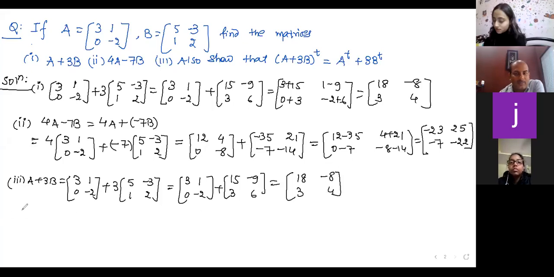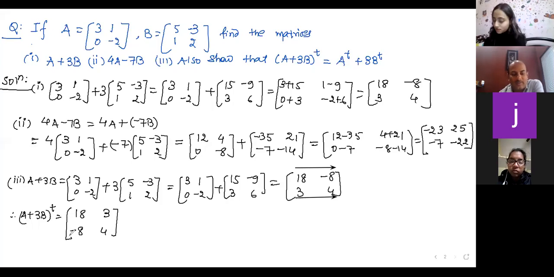Now I have to find the transpose, that is A plus 3B transpose. So what I have to do in the transpose part is this: first row becomes my first column. Similarly, second row will become my second column, which is equal to 18 minus 8, 3 and 4.